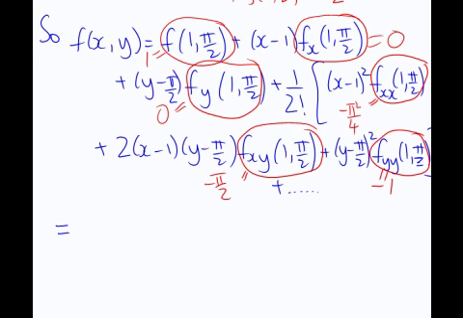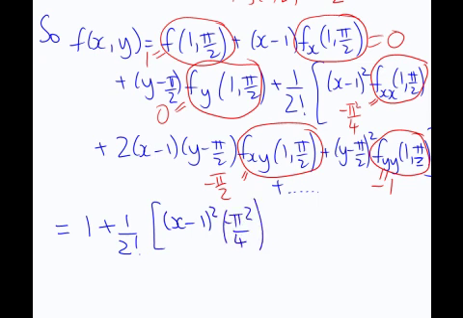And what that means is that I can now write out my Taylor series. The first term is 1. Then those linear terms disappear because they're both being multiplied by 0. And then I've got 1 over 2 factorial, and I've got x minus 1 squared times minus pi squared over 4.